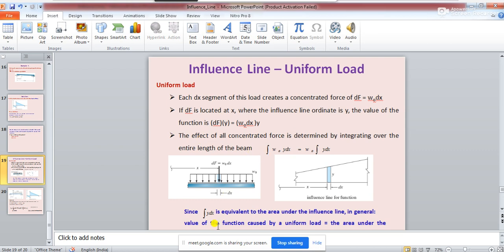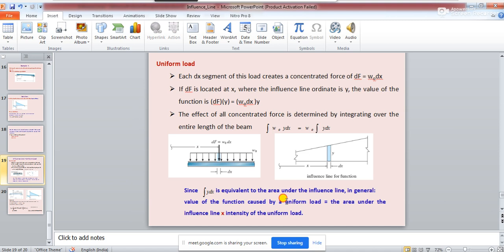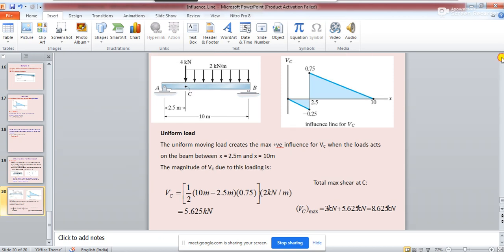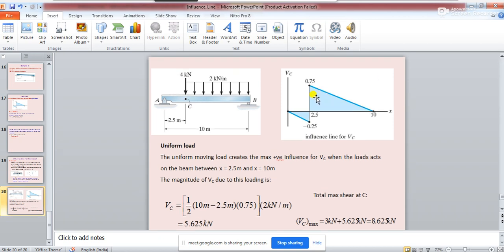To find out the influence of a uniform load, you'll have to take the area under the influence line multiplied by the intensity of the uniform load. So let's go to this problem and see. If you want to find the influence of the positive shear, this part of the diagram is positive, as we explained earlier.